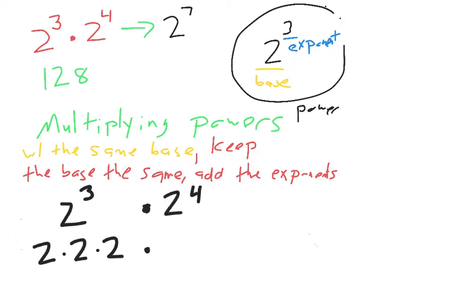What does 2 to the fourth mean? You multiply by 2 four times. So really, what am I doing? I'm multiplying the number 2 seven times. That's why we can add the exponents. Do you see visually what it means, how it ties together?